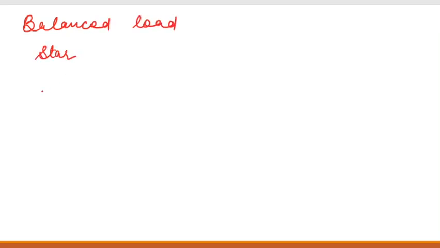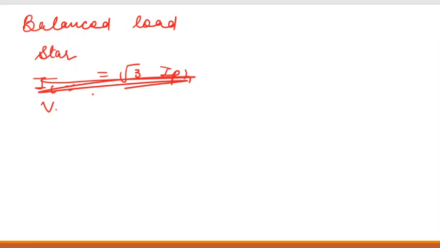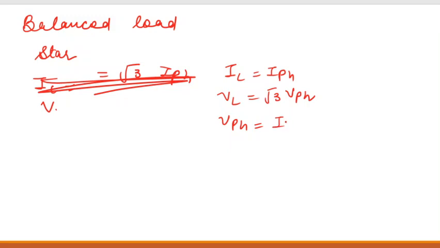You have to remember the formulas that in case of balanced load, star connected, IL is equal to IPH and VL is equal to root 3 of VPH, and we have the formula VPH is equal to IPH multiplied by ZPH.